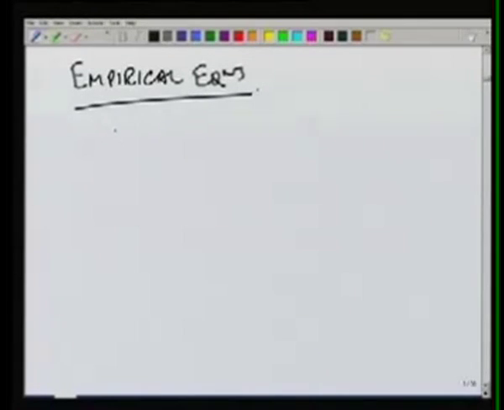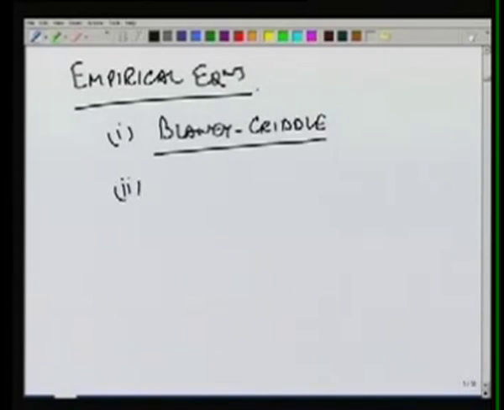For example, the type of crop, the growth of crop, and the sunshine hours. So we will look at these empirical equations, and the two empirical equations which we will look at here, although there are various other equations also, but the ones which are commonly used are known as the Blaney-Criddle and the Thornthwaite equation.